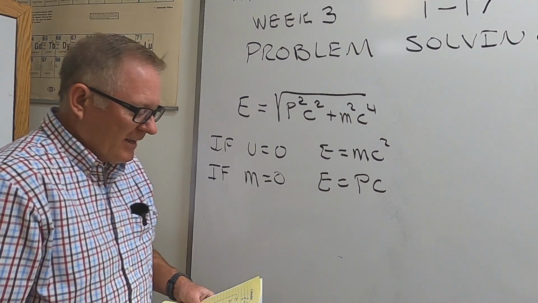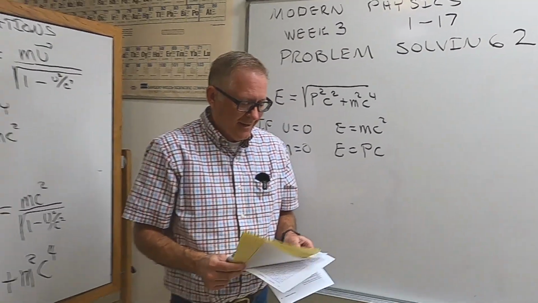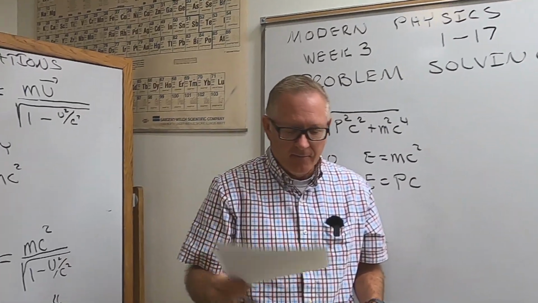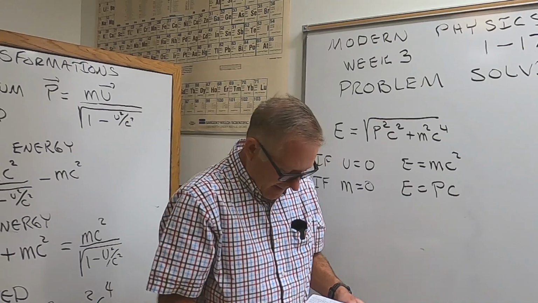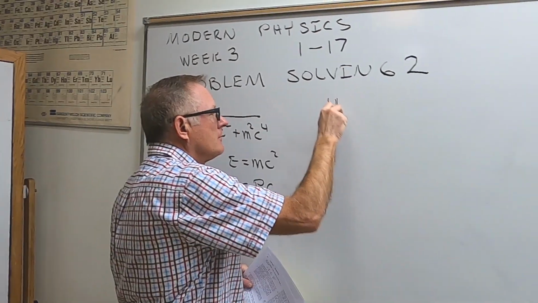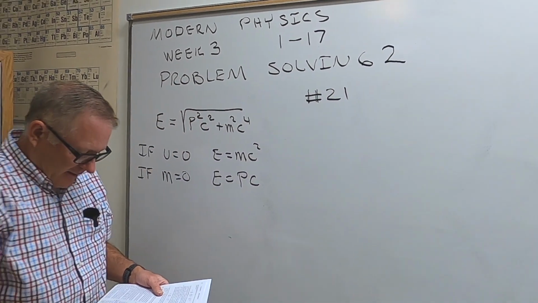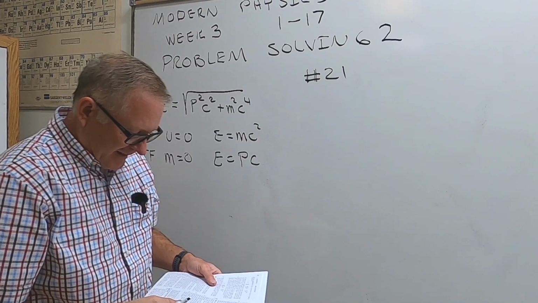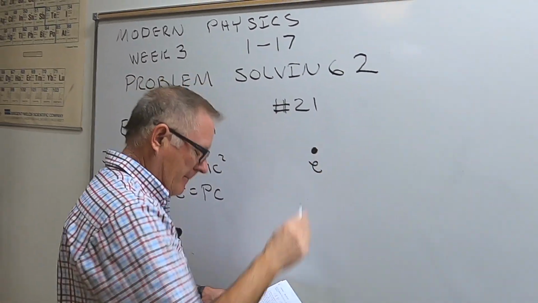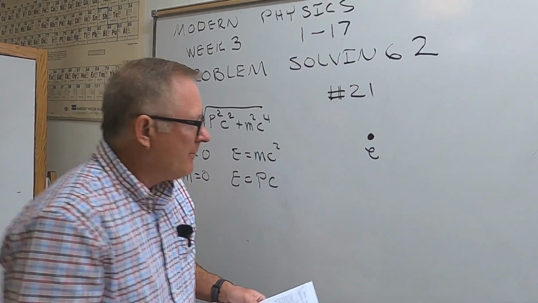Okay, so now, continuing on with the problems in that survey book, again, you can get these problems off the Canvas under files. And if I go down to number 21, they say an electron, so here we have an electron, has a kinetic energy of 1 MeV.